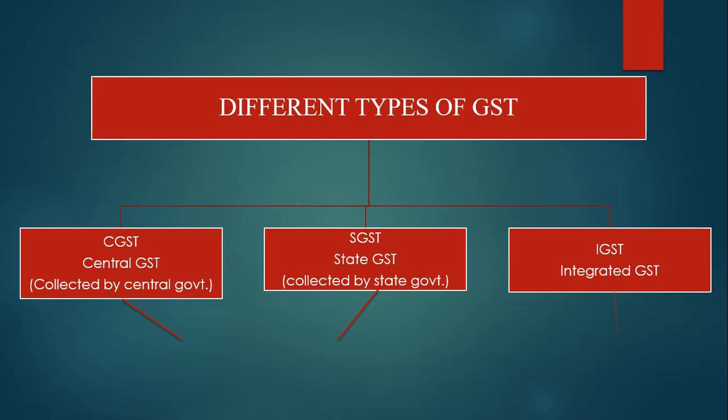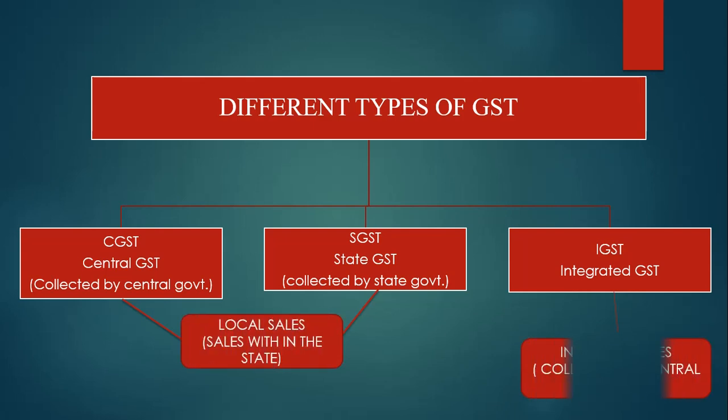And IGST is Integrated Goods and Service Tax. CGST and SGST are collected by the state and central government and IGST is collected by the central government.